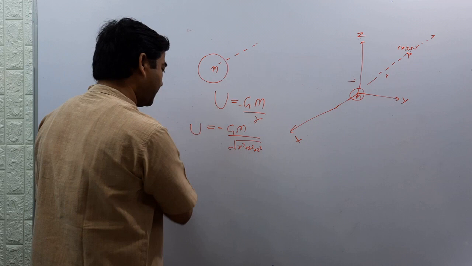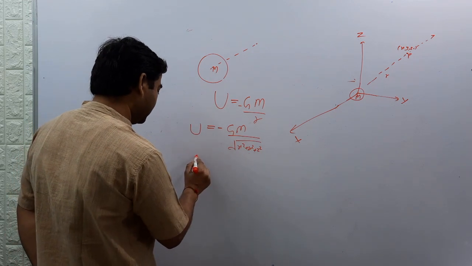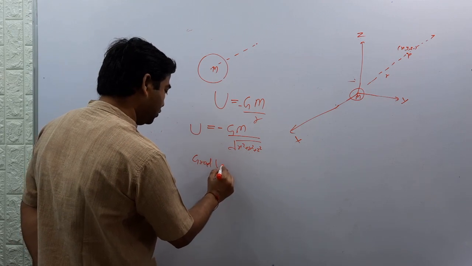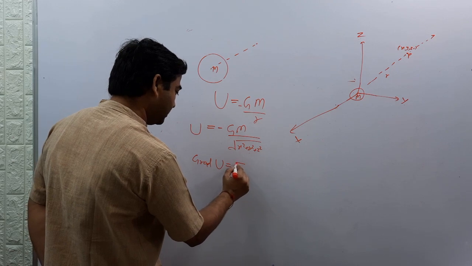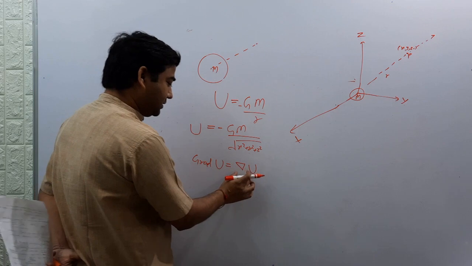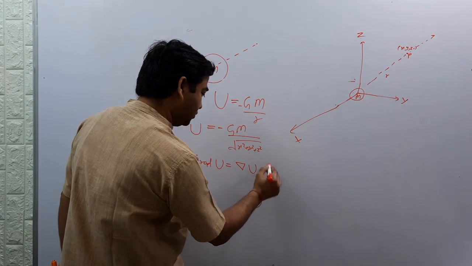This is U. Now we will find grad of this. Grad of U is equal to del U. Just use the expression of del.